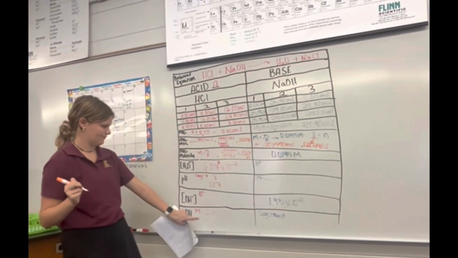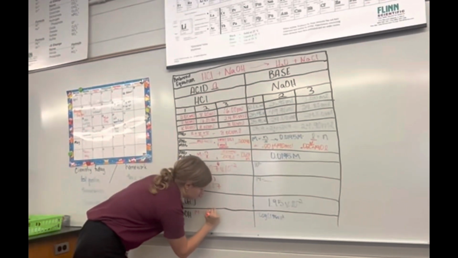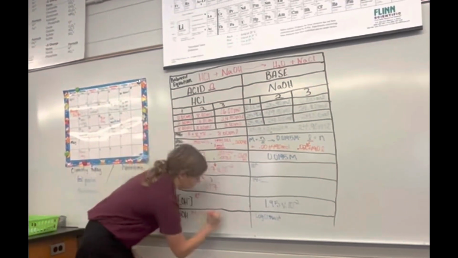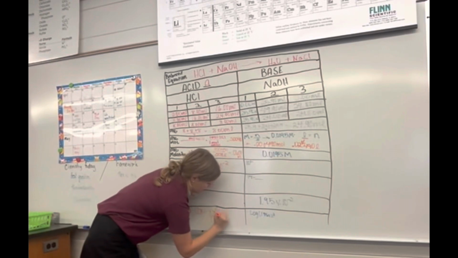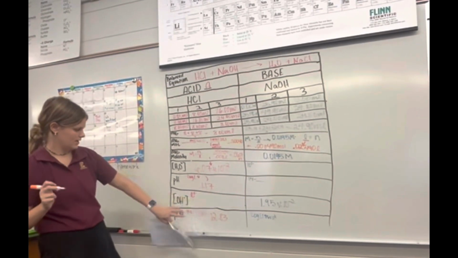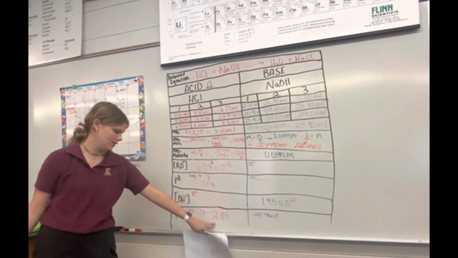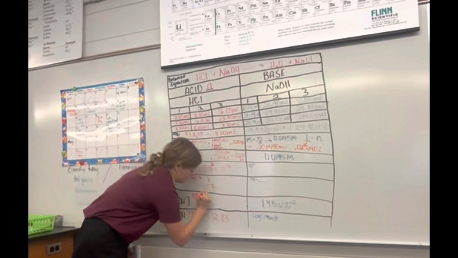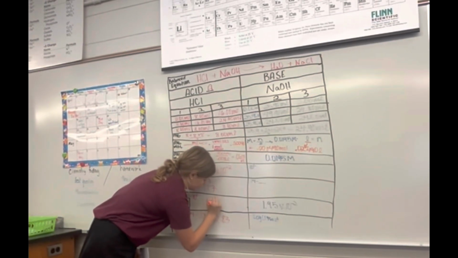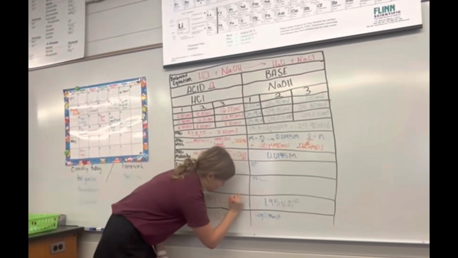We're going to subtract that from 14 to get our average pOH, which is 12.83. We're then going to raise 10 to the negative pOH, and that's going to be 1.47 times 10 to the negative 13.